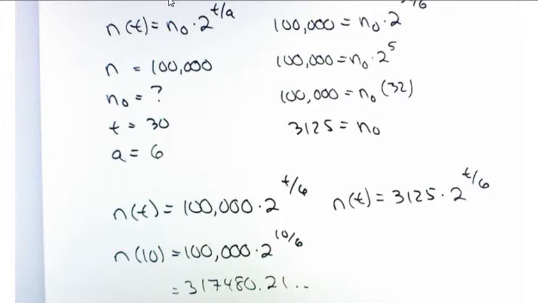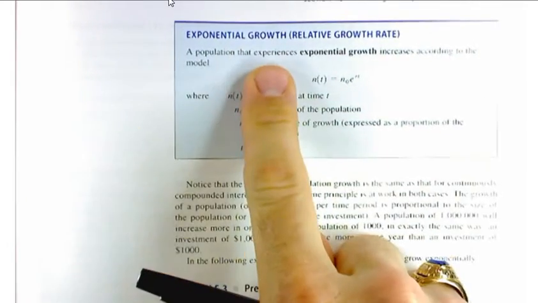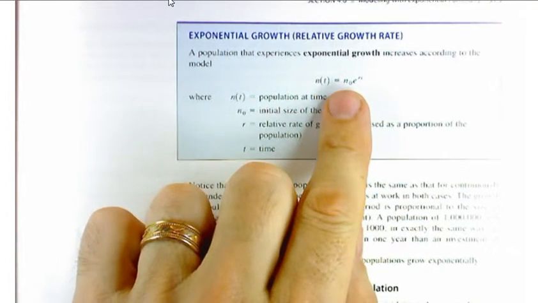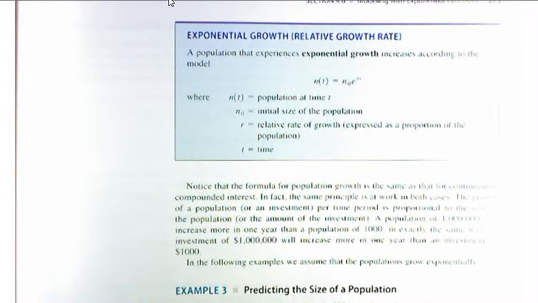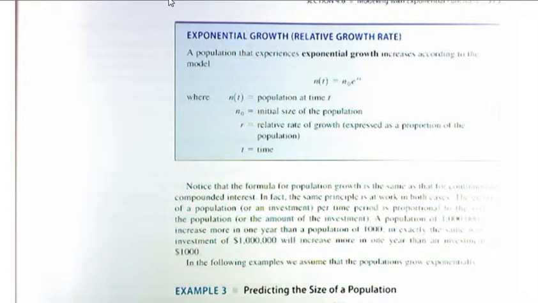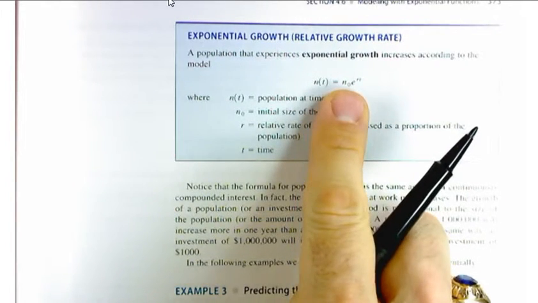And that's more of a traditional model. It looks like this. Exponential growth, relative growth rate. So instead of giving you, gee, it doubles every so many years, they tell you it increases by this percent.